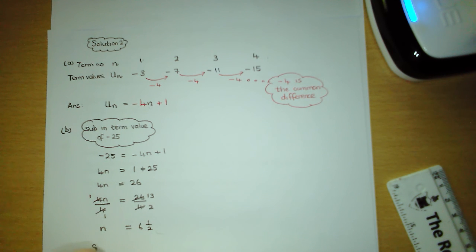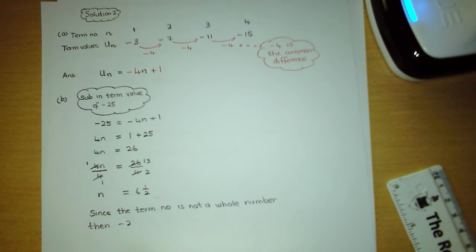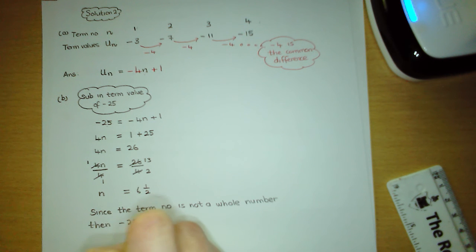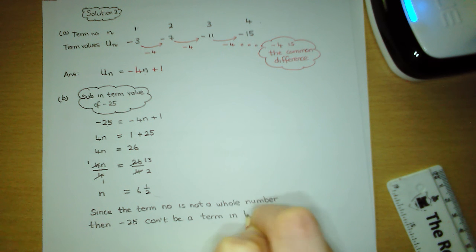So since the term number is not a whole number, because term numbers have to be whole numbers, then minus 25 can't be a term in this sequence.